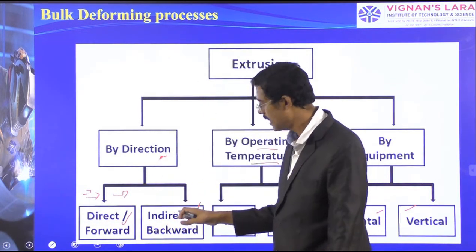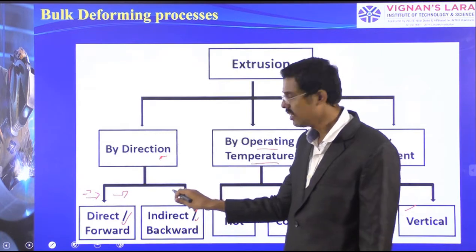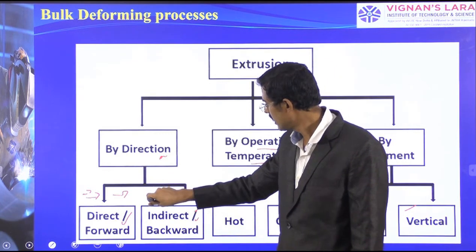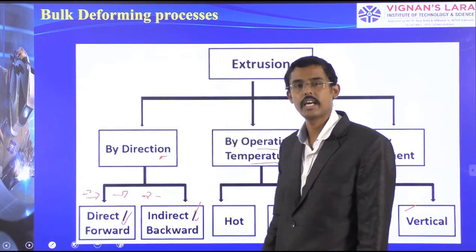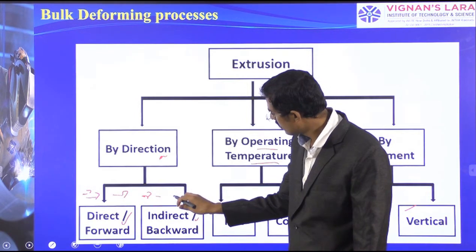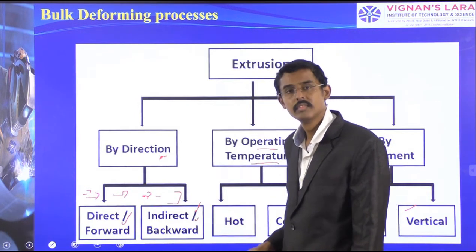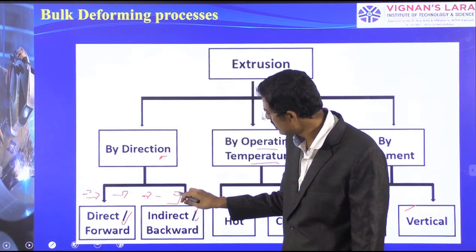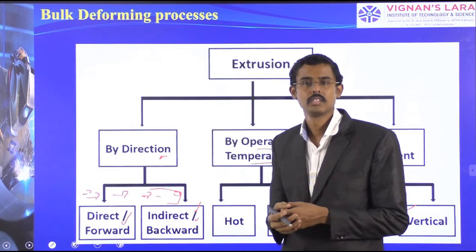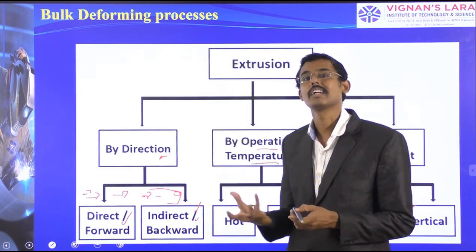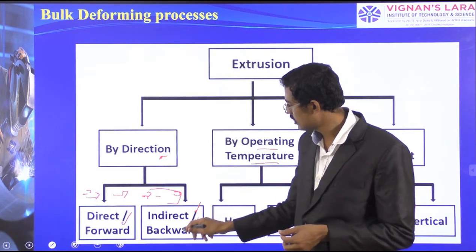But here in the indirect or backward extrusion, when the material is put here and the pressing takes place in this direction, the material here will be the die, and it will impinge and come out in the reverse direction as a cup. Likewise, you can take a tumbler. So all that comes under backward extrusion.